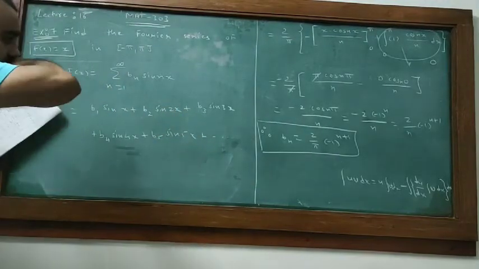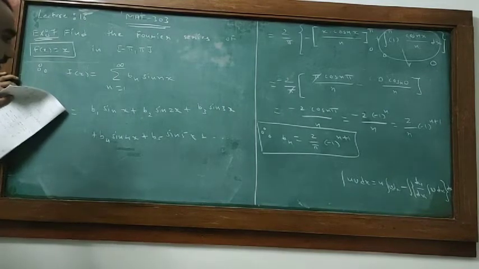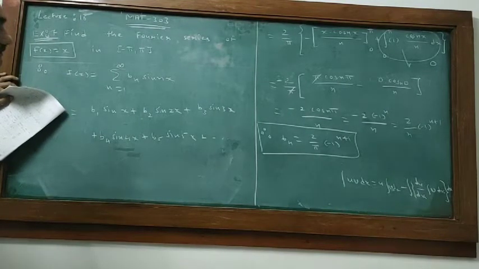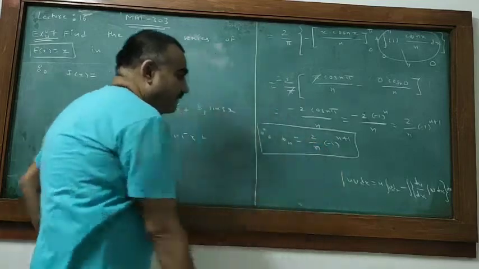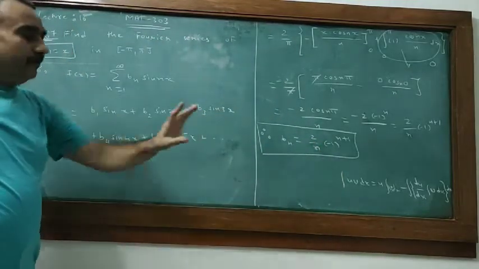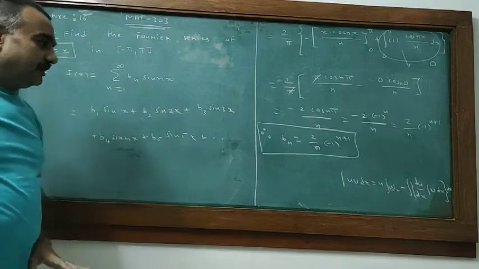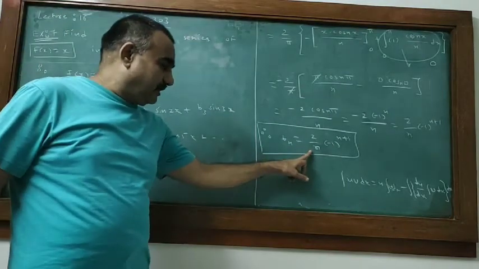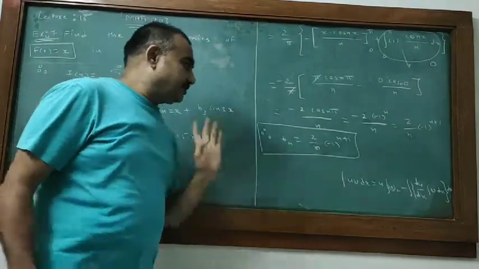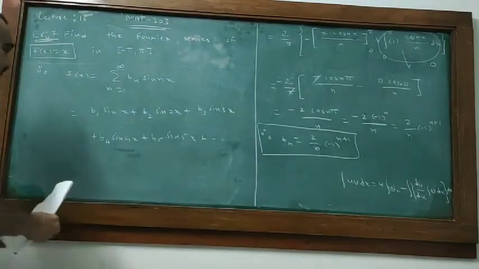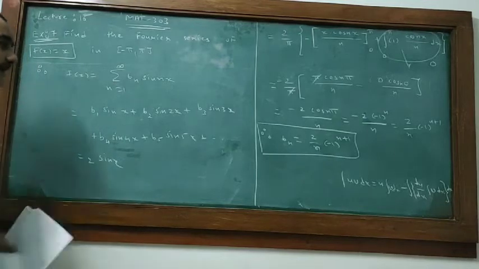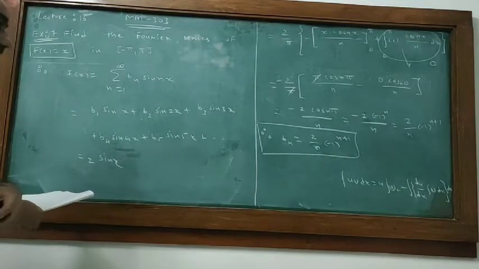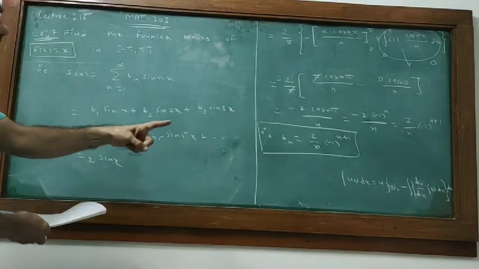Now if we put n equal to 1, this is 2 upon 1, meaning 2 times minus 1 raised to 2, which is 1. So it is 2 sin x. Then I put n equal to 2.